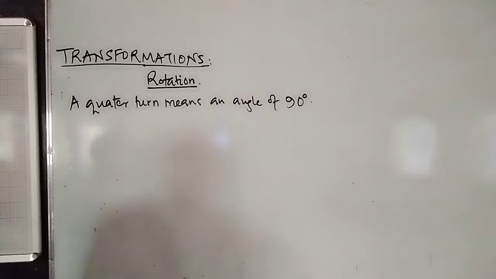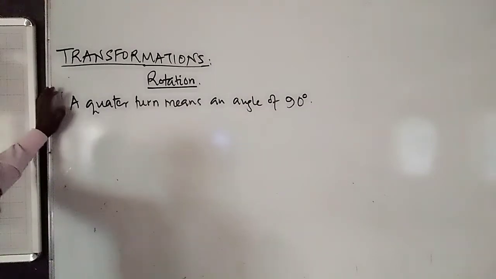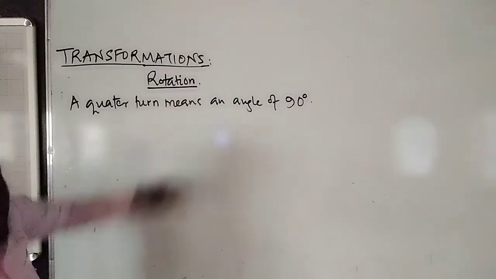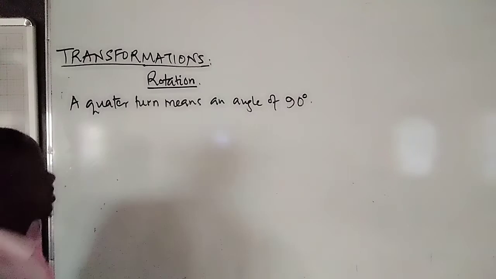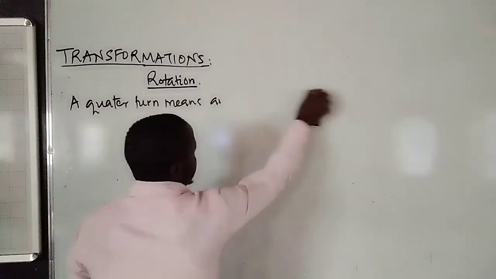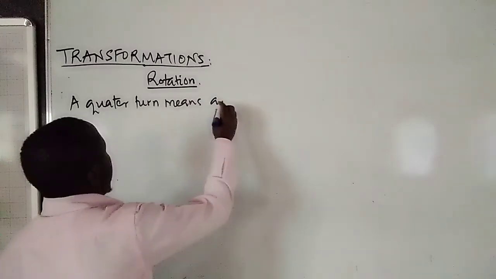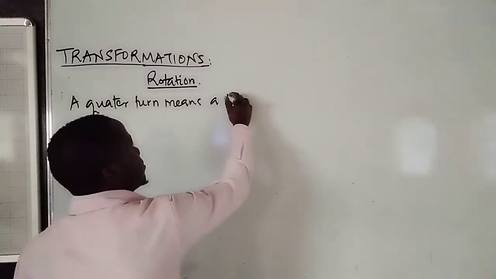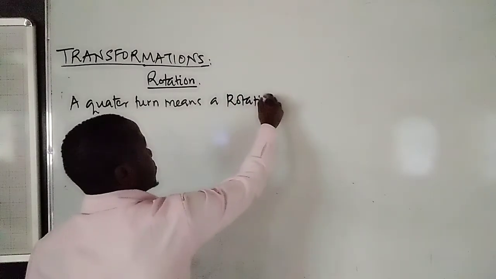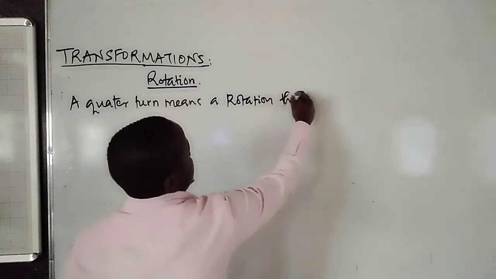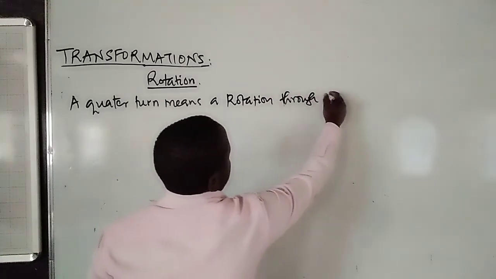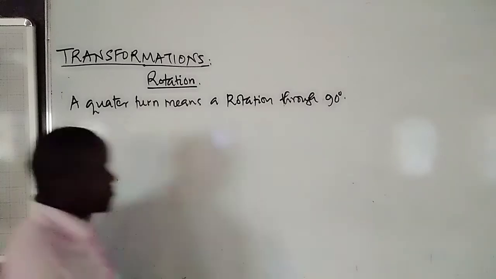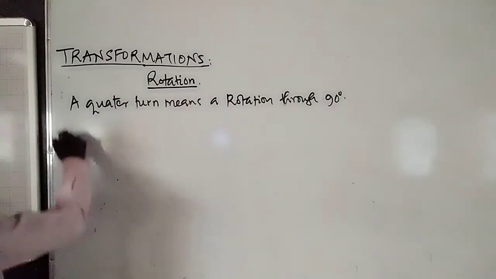So if you are told that an object went through a quarter turn, it means it has gone through a rotation. A quarter turn means a rotation, not just an angle. It means a rotation through 90 degrees. Again, very important.